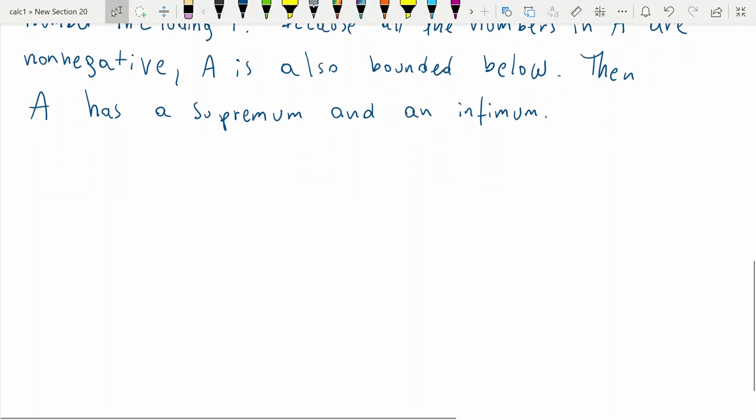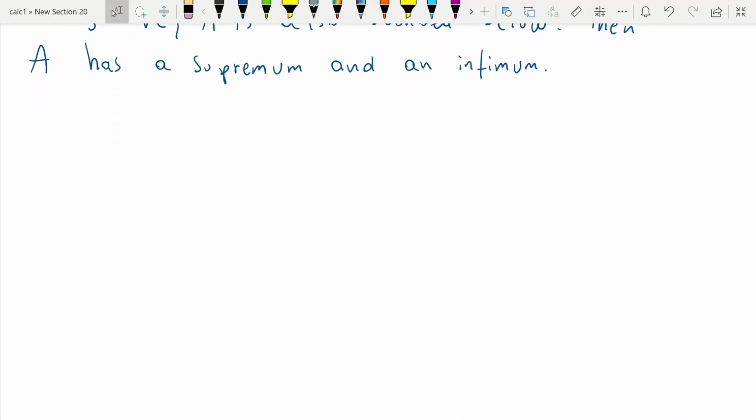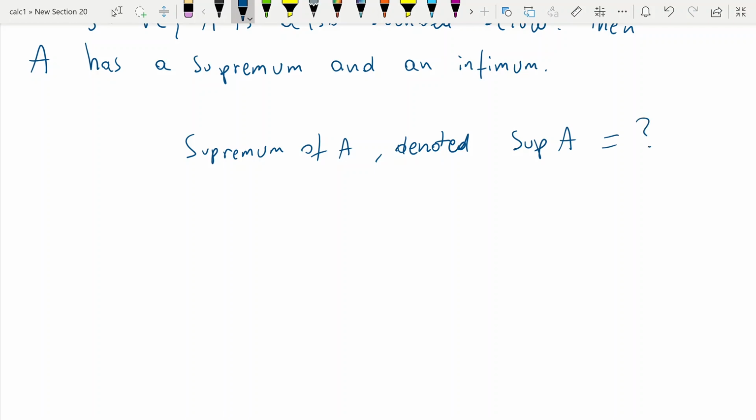So what are these? The supremum of A, which is denoted sup A, is equal to what? This is the first question.